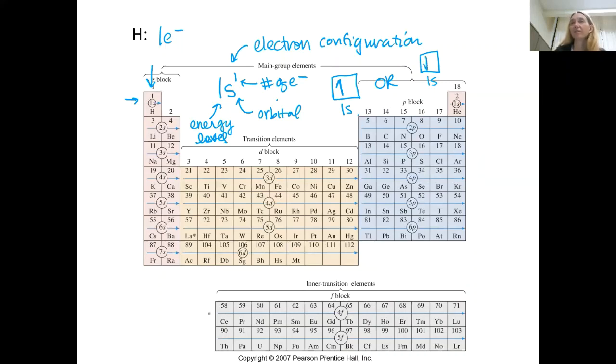It doesn't matter, okay? You just have to have 1 electron in that orbital. You guys still okay? Okay.